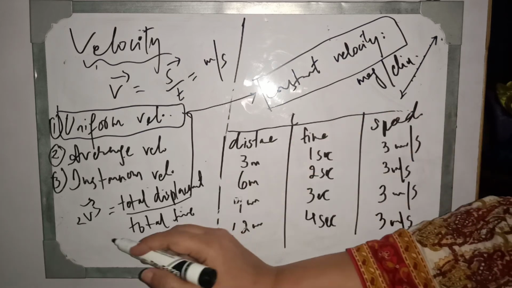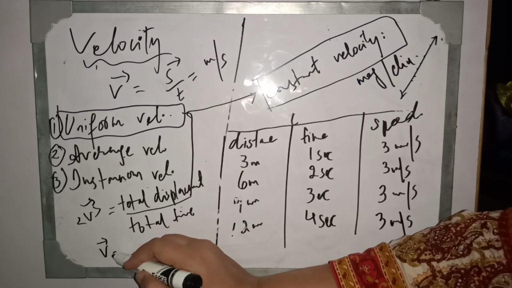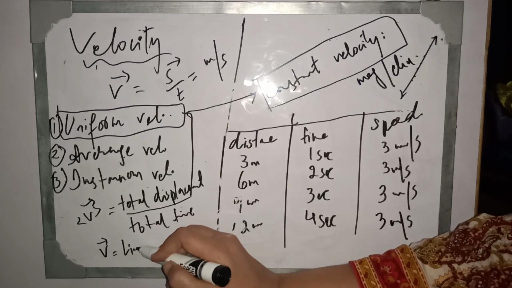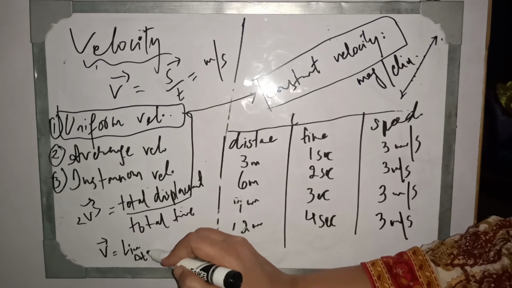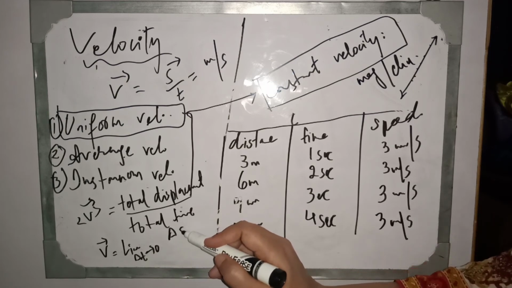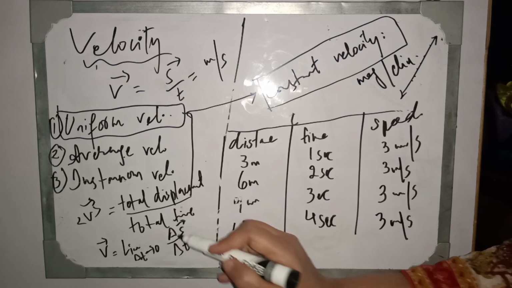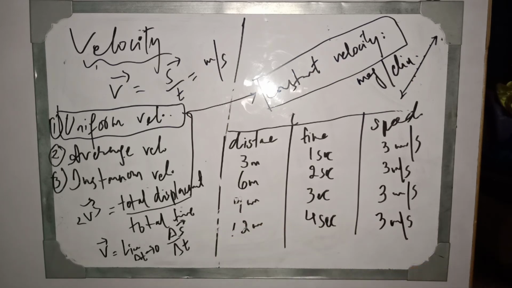For example, velocity is instantaneous when we take the limit as delta t approaches 0 of delta s divided by delta t. Delta s is the change in displacement.